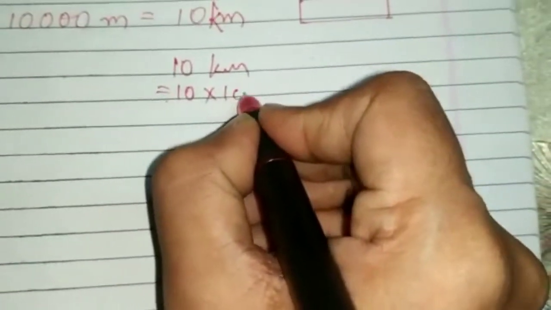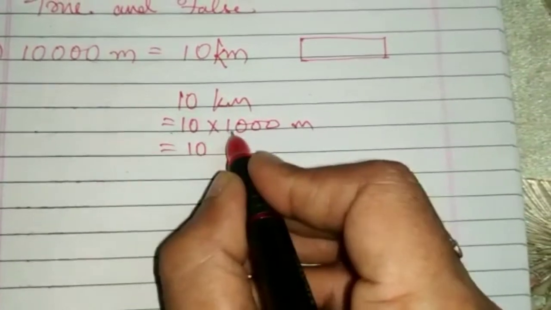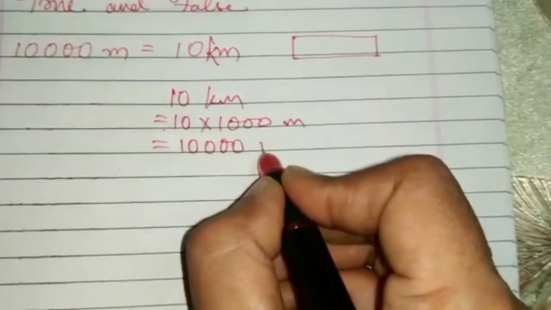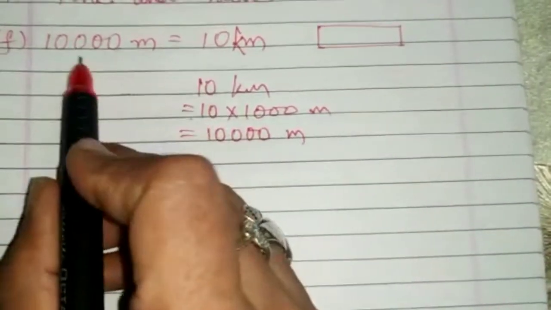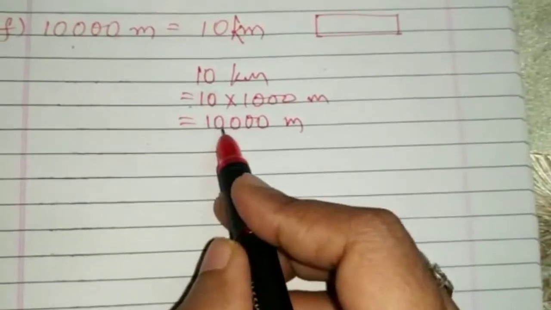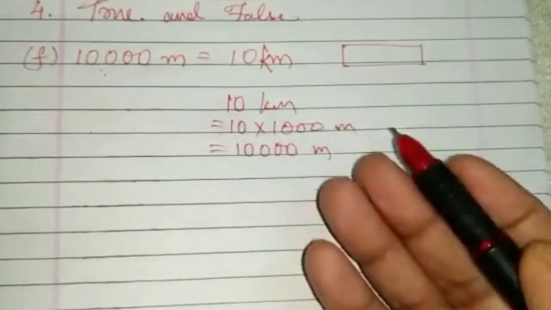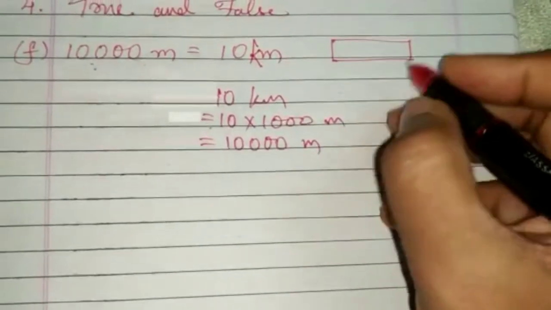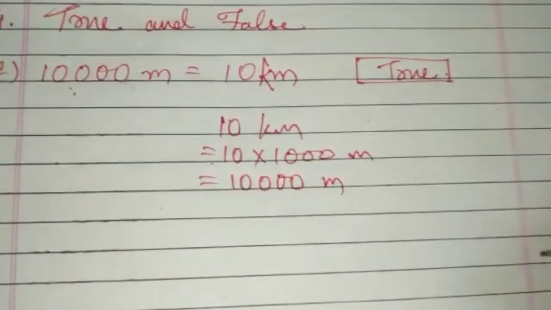Now you can convert this 10 kilometer is equal to 10 into 1000 meter. That is how many zeros? This 1 0 and more 3 zeros, this meter. Now you see whether this right hand side is equal to left hand side or not. 1, then 4 zeros, 1 and 4 zeros. So this is true. So this one is true. You can write true after checking like this. Okay.